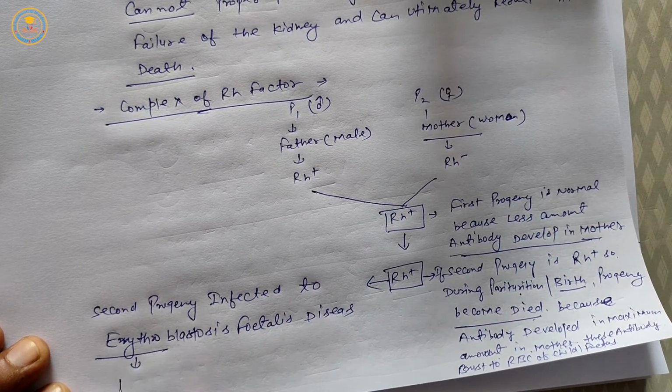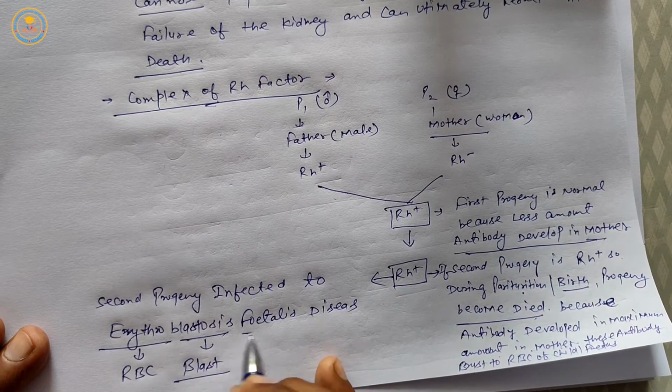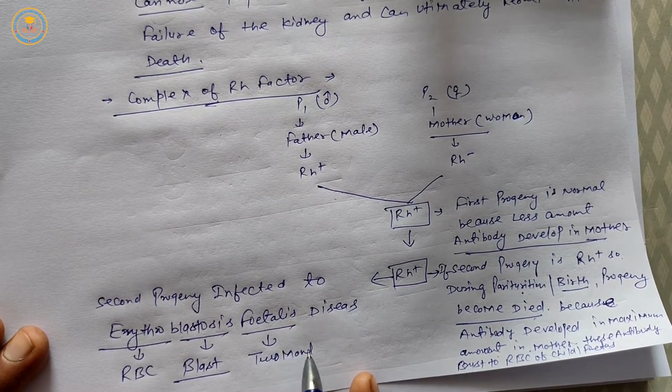Erythro means RBC, blast means burst, fetalis means 2 months baby.